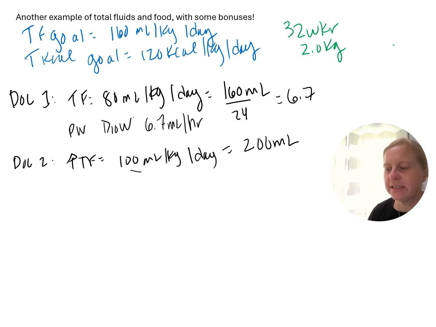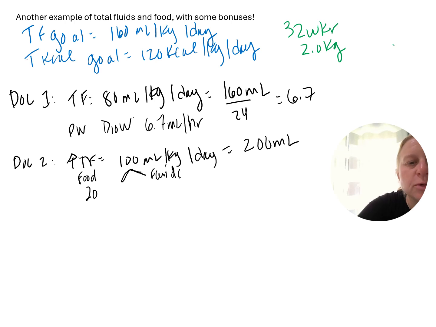Now, in this situation, we are lucky because our mom is pumping and we want to start feeds, and she has milk, and so we are good to go and increasing this via her milk. So what we're actually going to do is divide our goal into 20 of food, so we'll write food here, and fluids, which is going to be 80. So our fluids aren't going to change, right? We are still going to run at 6.7 mils per hour.